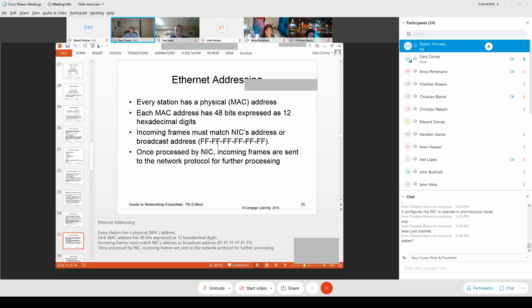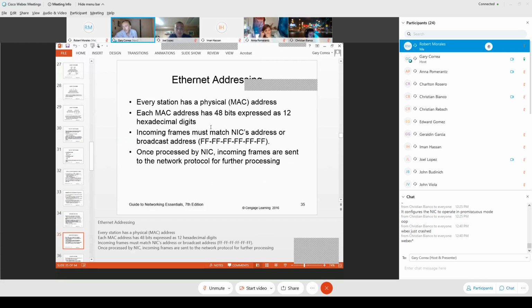The broadcast address, what does that mean? Well, remember, there is no F, but F isn't really F. F is hexadecimal F. And hexadecimal F is what? 15. How do I put 15 in binary? 15 in binary is 8 plus 4 plus 2 plus 1. So 15 in binary is 4 binary ones.